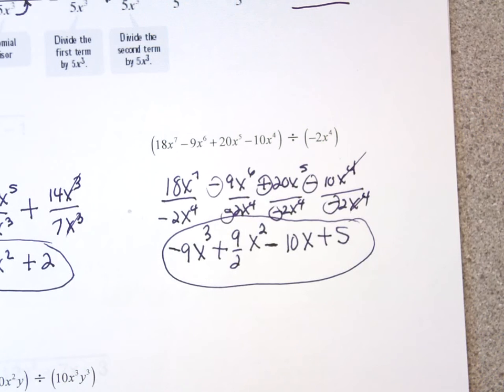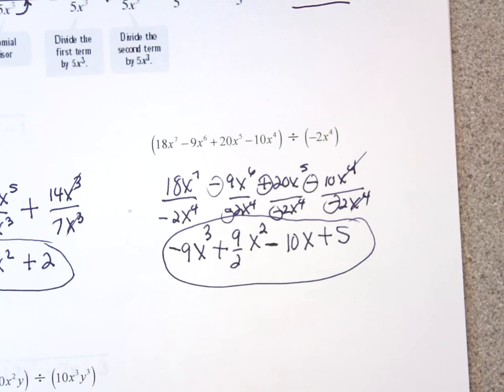So if I had 1/3, you couldn't write it as 0.3. But certainly 9 halves could be 4.5, absolutely.